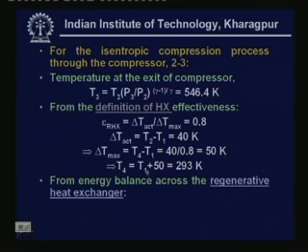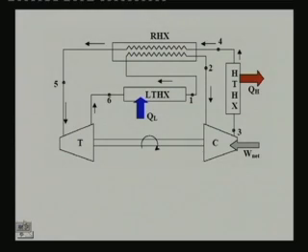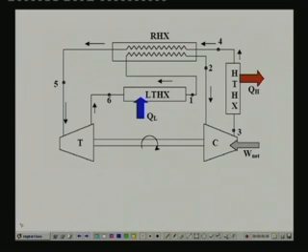Now, we have to find out the temperature at the inlet to the turbine, that is point 5. For that we apply the energy balance across the regenerative heat exchanger. This is again very simple. If you assume steady flow across the regenerative heat exchanger and take a control volume across it, and apply the energy balance, the energy gained by the cold stream is equal to the energy lost by the hot stream.